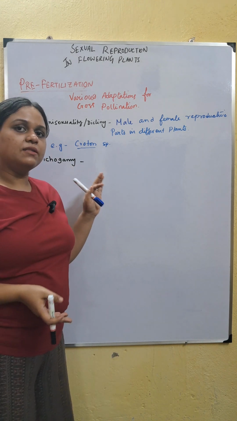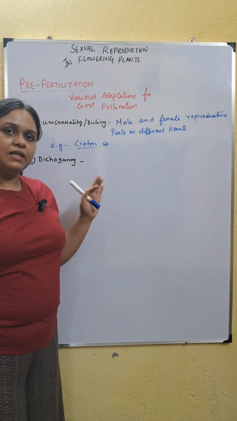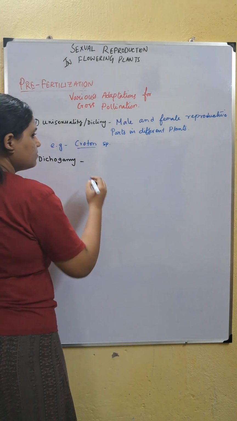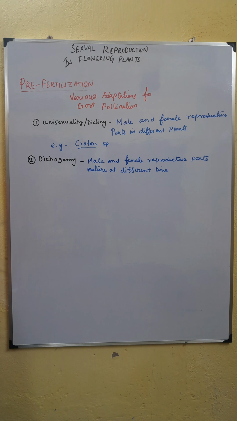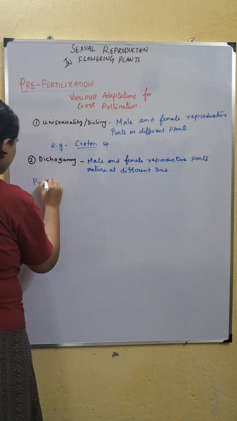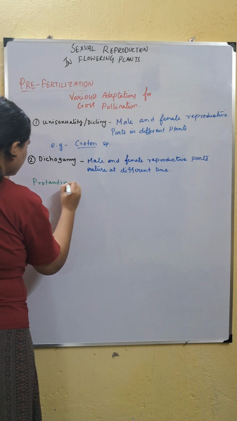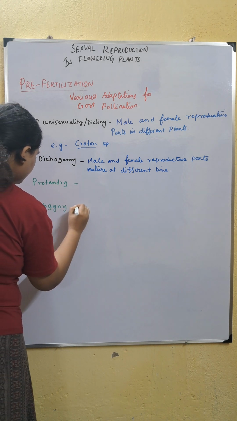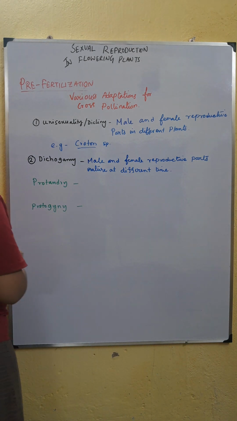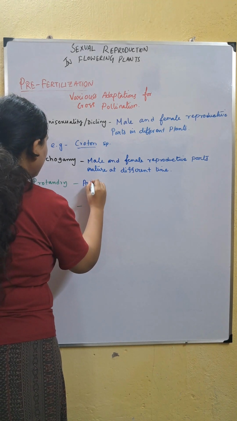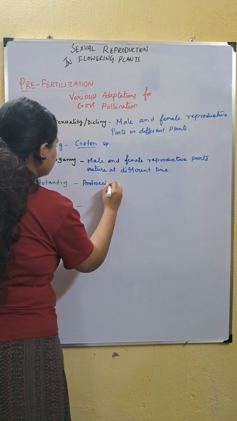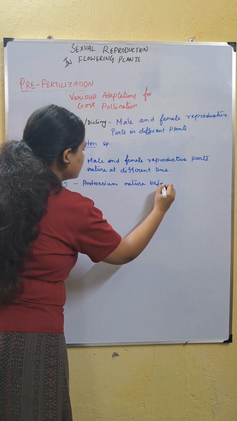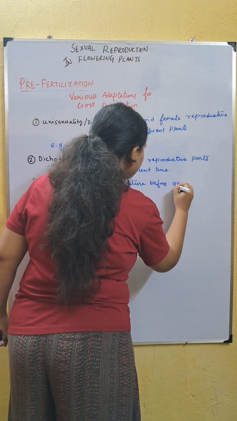Here in dichogamy, the male and female parts mature at different times. First is protandry, where androecium matures before gynoecium.